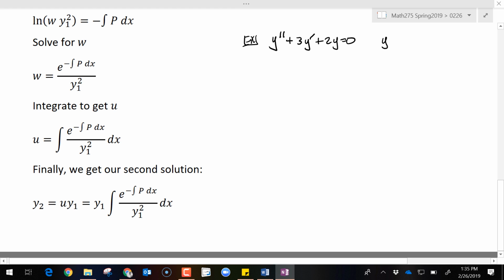And then you guys found, let's just use one of the solutions. And it really doesn't matter which one we found. Let's say we found only one. Let's say e to the negative 2x was a solution. And let's see how we can use this formula to find our second solution. What's p? We need to know what p is.